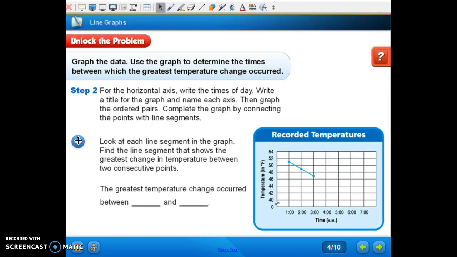All right, so they graphed 1, 2, and 3 o'clock. Where should we put a mark for 4 o'clock? What temperature was it at 4 o'clock? 44. Here's 4 o'clock and 44. Okay, and at 5 o'clock, it was 45.